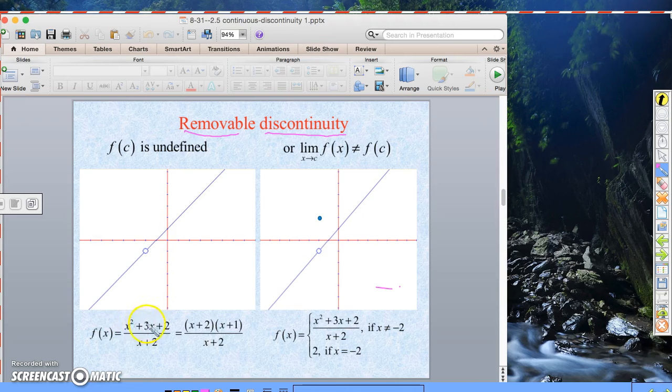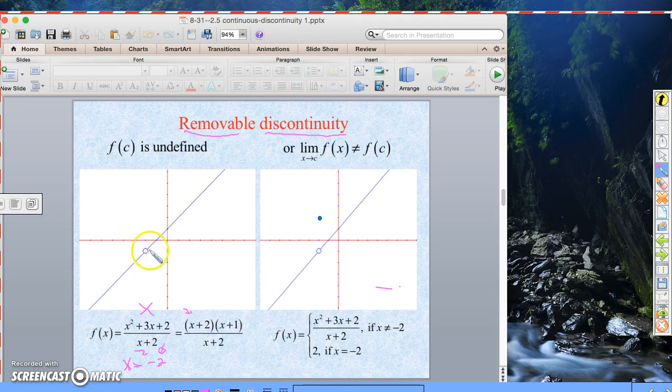If I simplify this by using the Xbox method, I would get these two factors, x plus 2 and x plus 1. And we know that x cannot equal negative 2, because if it does, negative 2 plus 2 is equal to 0. You cannot divide by 0. It's undefined. So that's why there's an empty spot here.